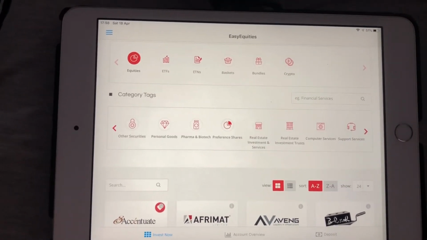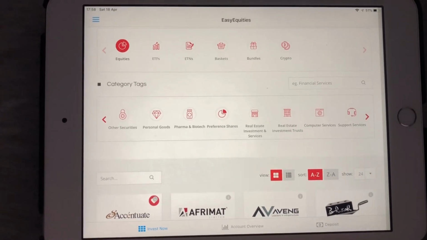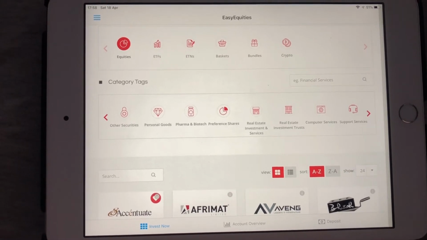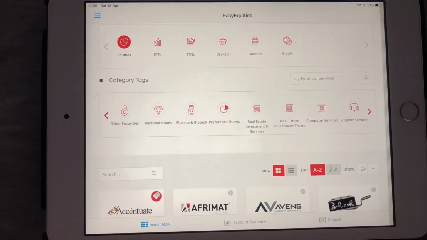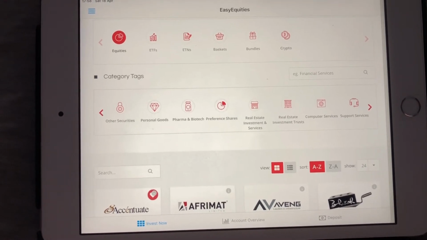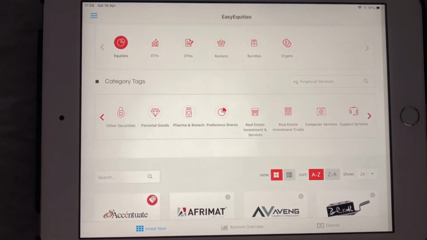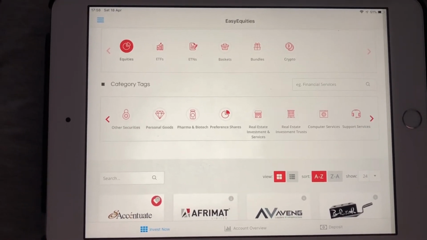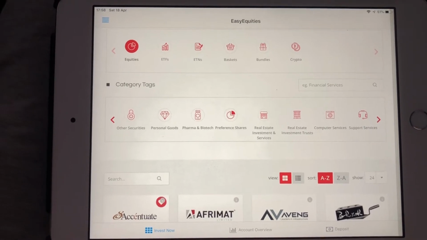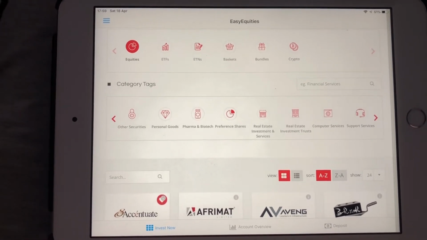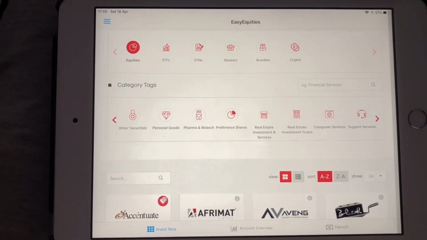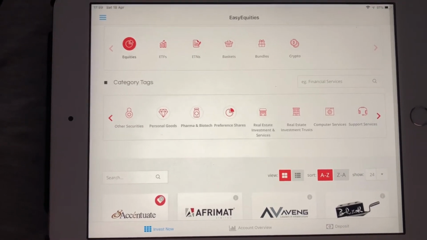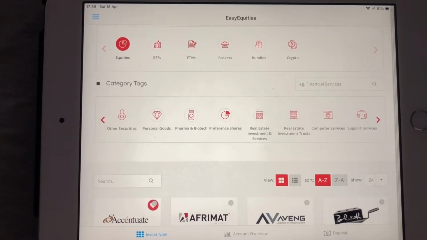On the previous video I talked about investing under one equity or choosing exchange traded funds, which is a collection of different stocks put together into one investment package. So it's cheaper to invest under ETFs than to invest under a single equity, but it's up to you what you want to do and how you want to follow the market and the trends.